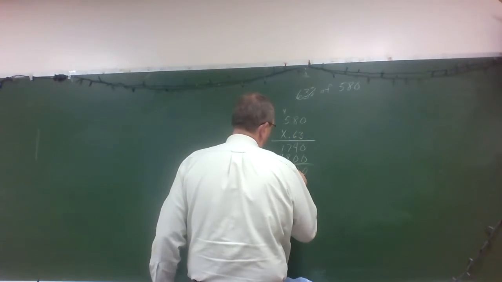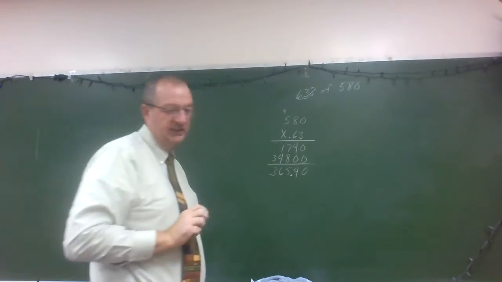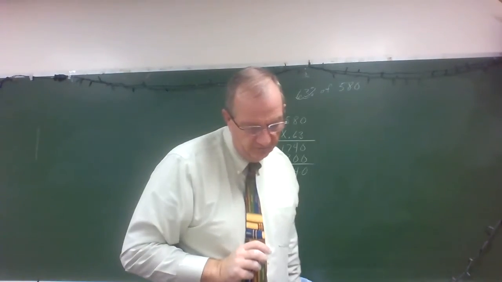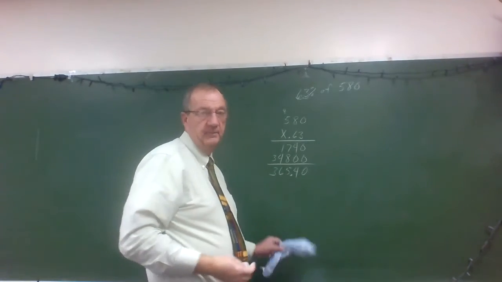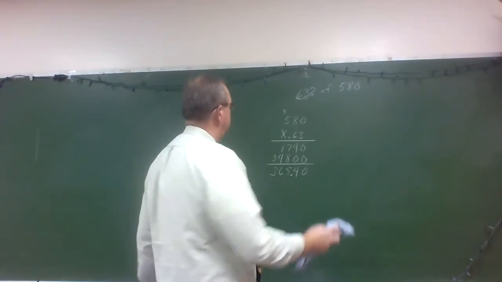There's 2 decimal points there, so it's going to be 365.4. Okay, there you have it. That's how you're going to do those.